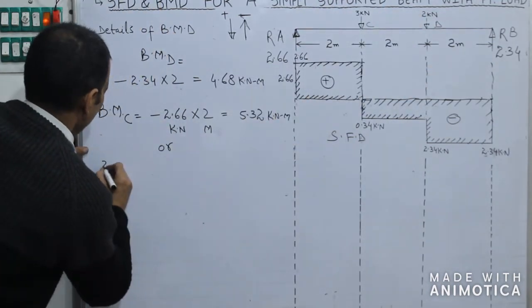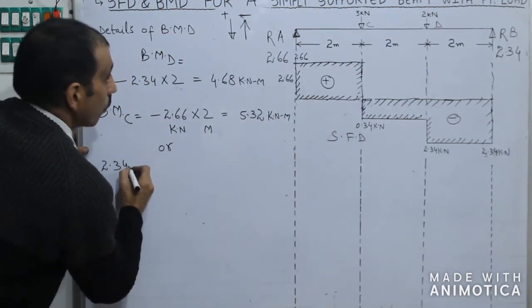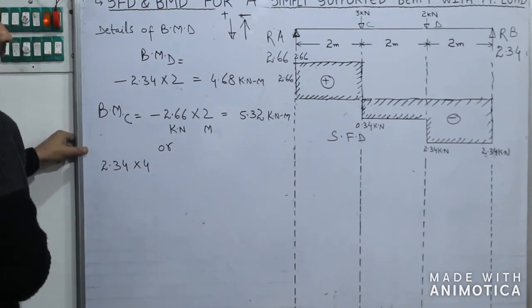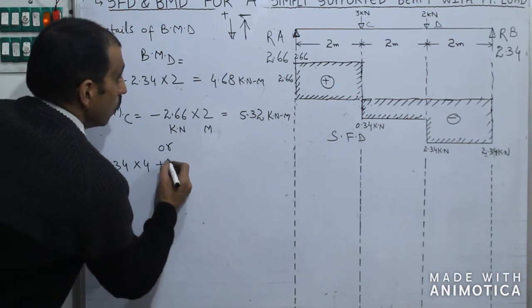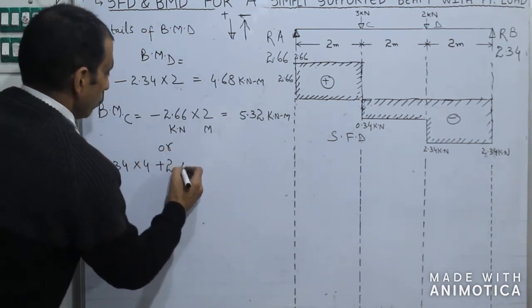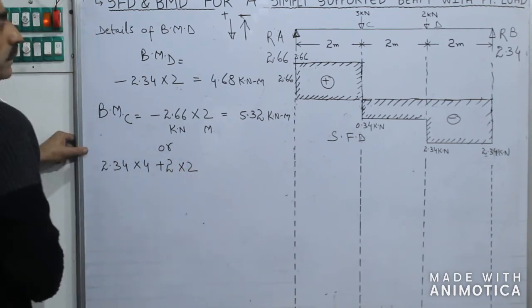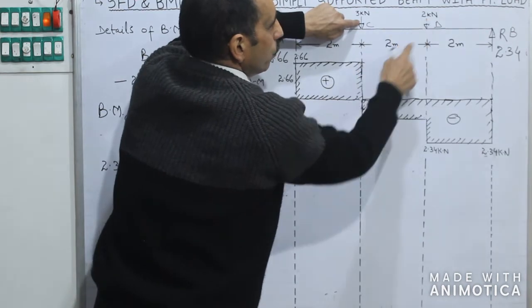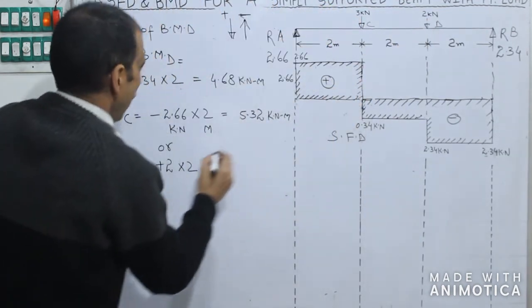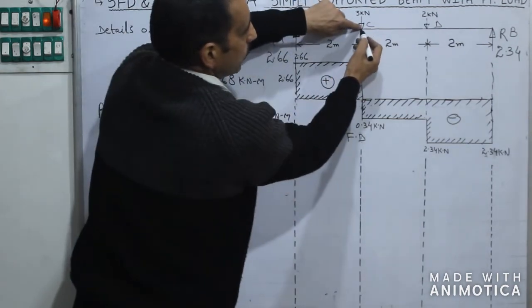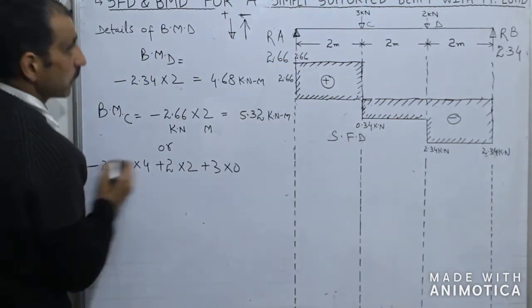Bending moment at C: 2.34 into 4 plus 2 into 2 and plus 3 into 0, because there is no distance, but this is minus. Why minus?